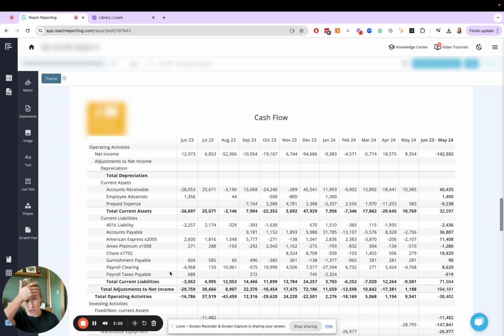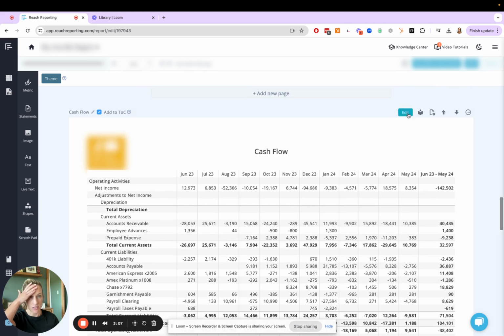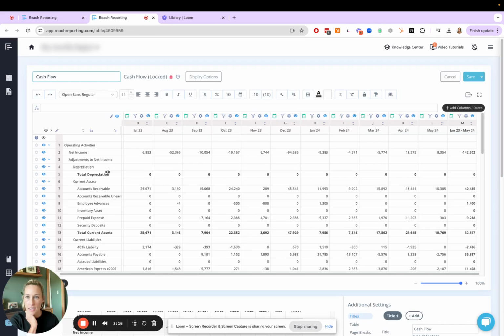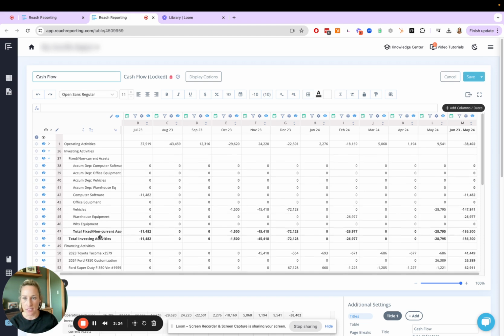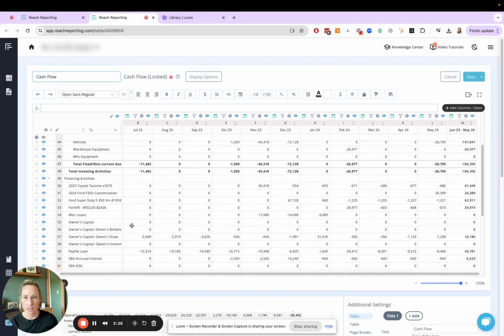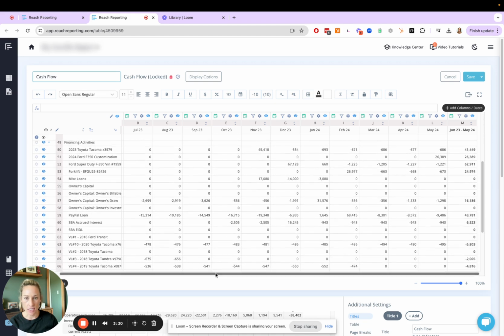So what I'm going to do is I'm actually going to come in here and hide the entire operating activities line item. And I'm going to keep investing activities and financing activities, the detail for those. Okay.